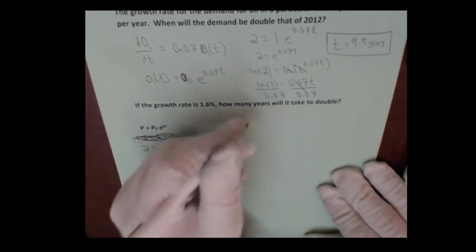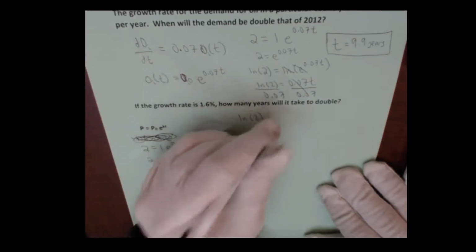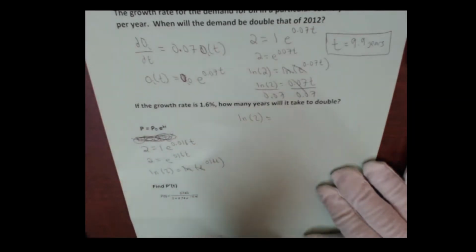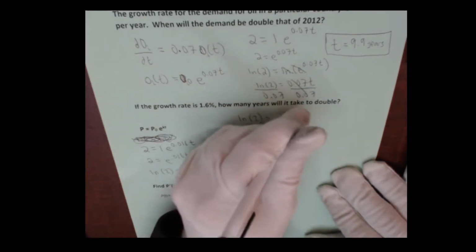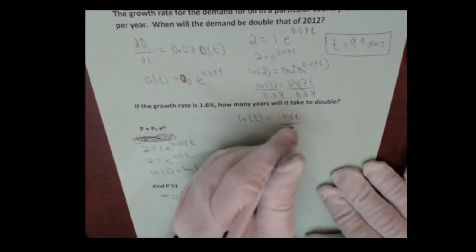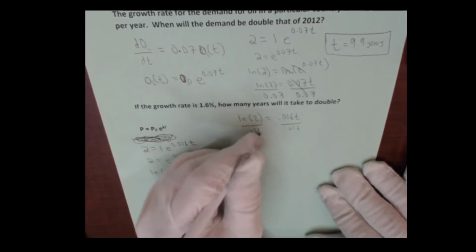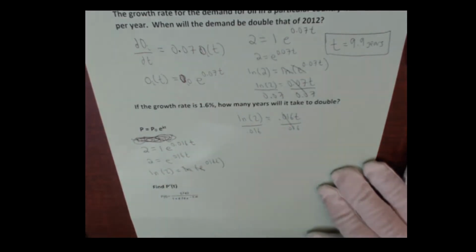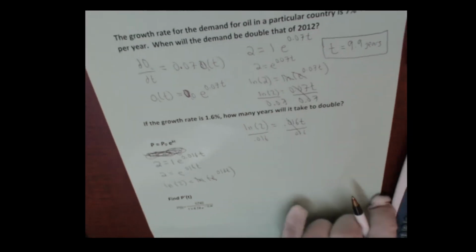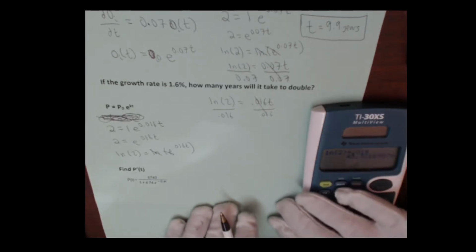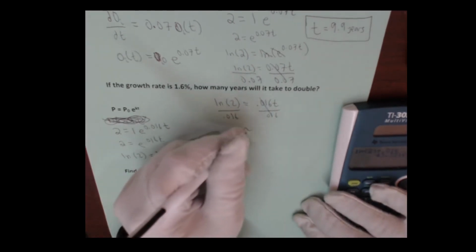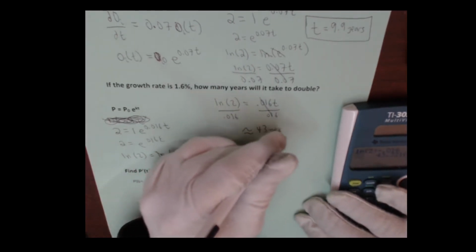Natural log cancels e, so we get the natural log of 2 is equal to 0.016t, and then you just divide by 0.016. Let's do that. Natural log of 2 divided by 0.016, and we get approximately 43 years if we round to the nearest year.